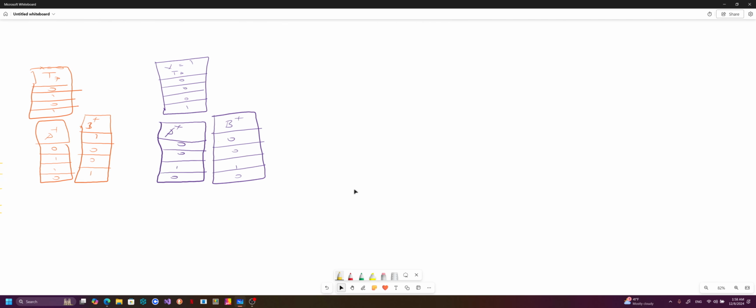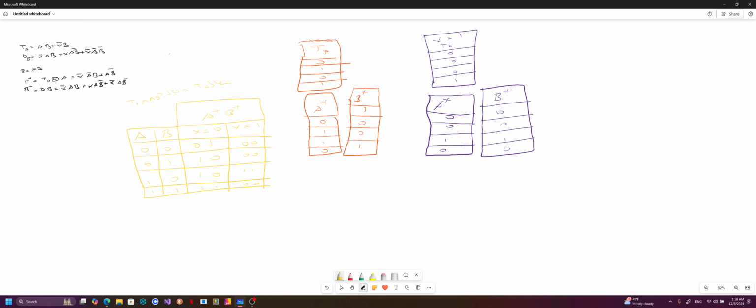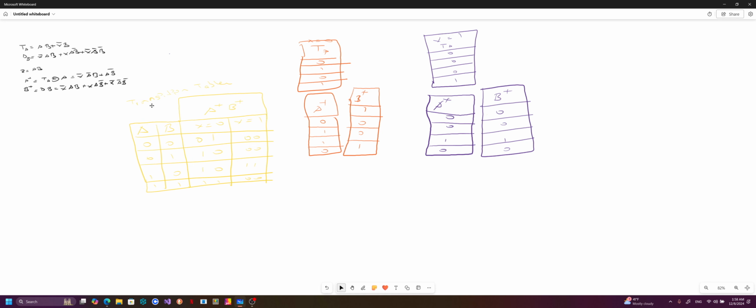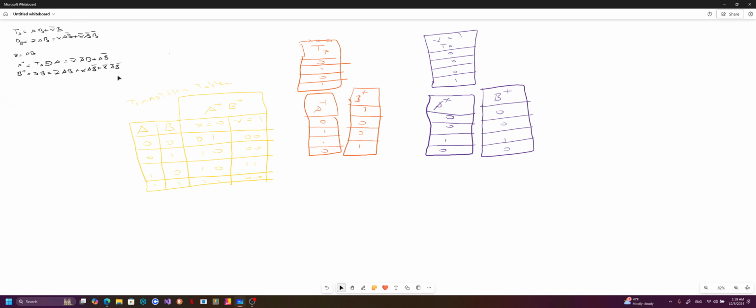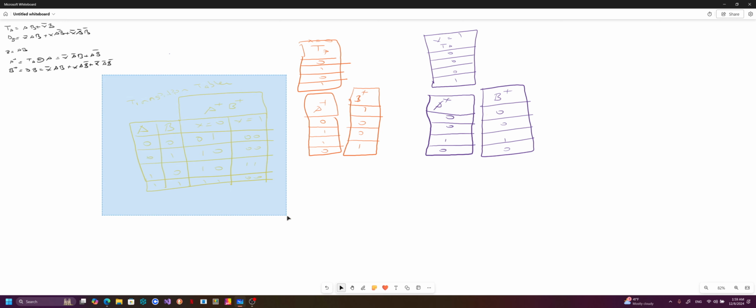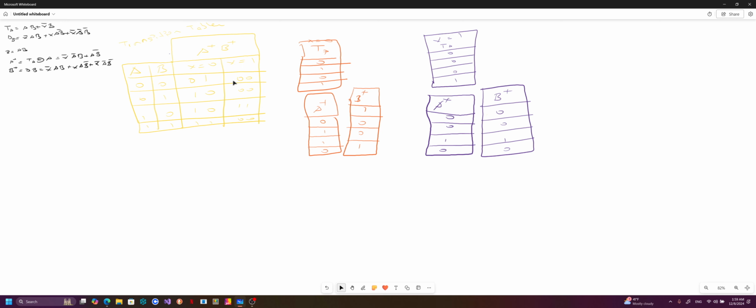And the state table for this, let's go here and make this. Now we need this state table.